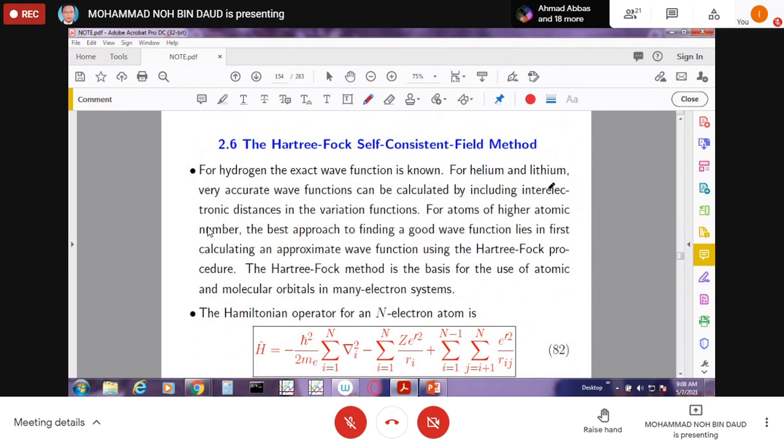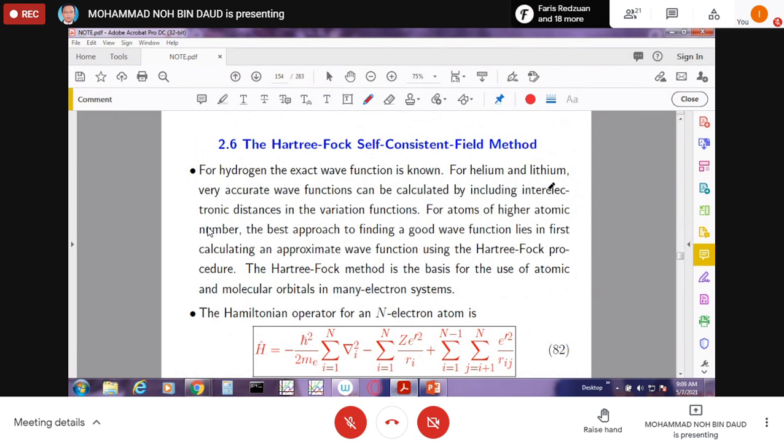For today's lecture, I want to finish this before we start with a new chapter on molecules. Basically, I want to introduce the Hartree-Fock self-consistent field methods.